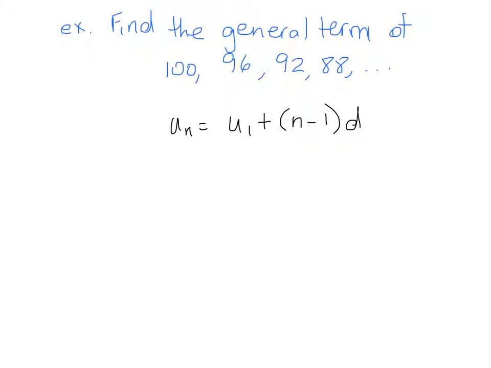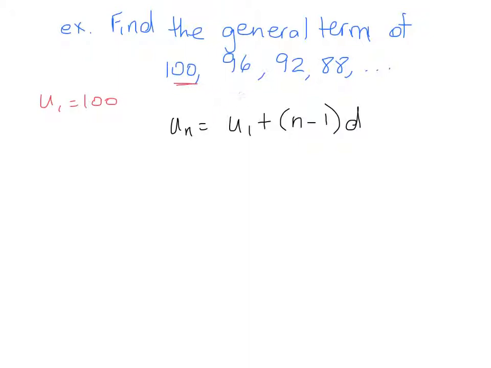Now we're going to scale it down to this particular sequence, find a formula for this sequence. So since it's general, u_n will stay as u_n because that's general, and n will stay as n because this is for any term. But we're going to plug in what we do know, which is u_1 and d. So u_1, the first term, is 100, and this particular sequence is going down by 4.